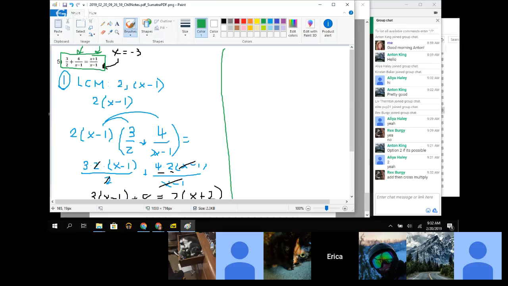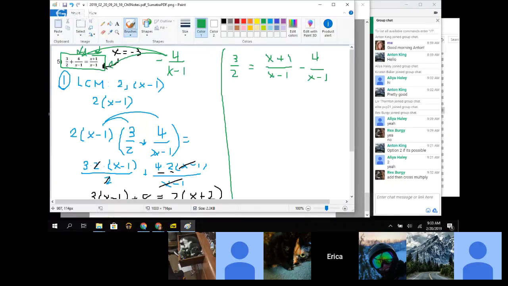So if I take my original equation and I leave 3 over 2 on one side, and I subtract both sides by 4 over x minus 1, so I subtract the left and the right by this, I'm left with 3 over 2 equals x plus 1 over x minus 1 minus 4 over x minus 1. Does that make sense? Okay.